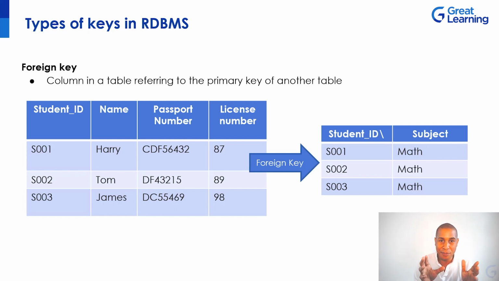So in this instance, we are using the primary key that exists in the student ID table that has a name, passport number, and license number to connect to another table using a foreign key.